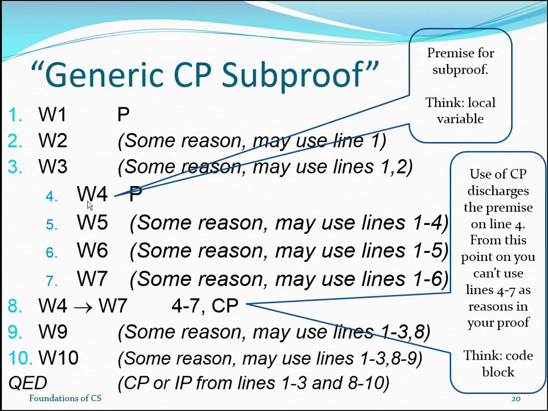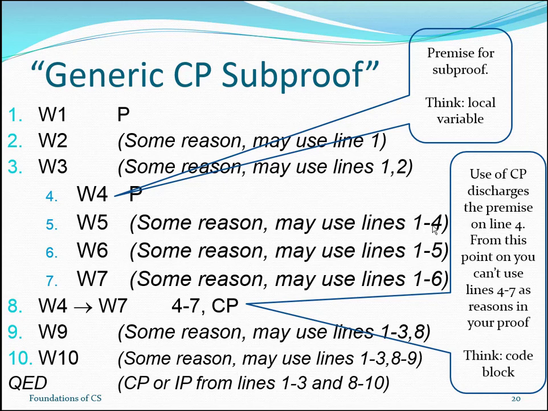I decide to do a subproof, and since this time my example is a CP subproof, I know that I'm going in here with W4 as my premise, my wff number 4. And so I know I'm going to have W4 arrow, whatever it is, my last thing in my subproof, as an outdent for CP here.